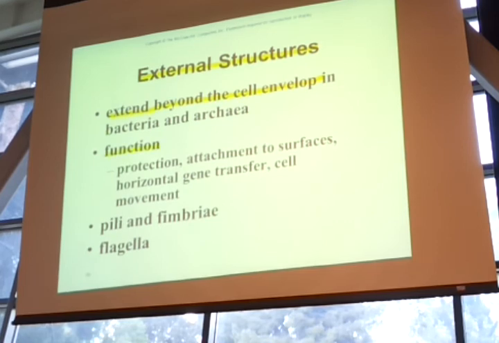What is their function? Protection, attachment, horizontal gene transfer. Horizontal gene transfer is what we're talking about when we're talking about the ability of something like conjugation to occur. So this is going to be something like the F-pilus, sometimes known as the sex pilus.